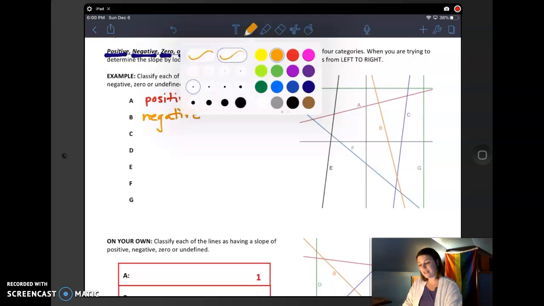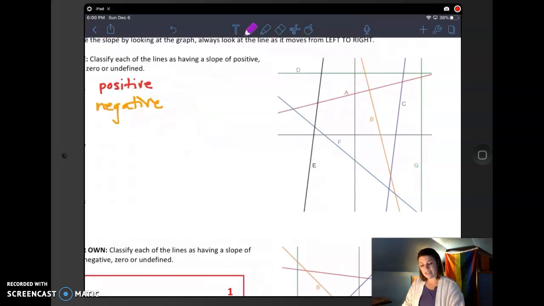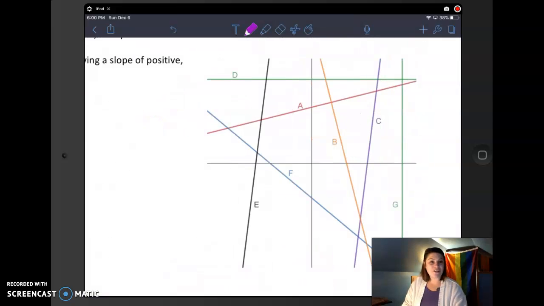All right, let's take a look at line C. It might be a little bit of a challenge to find some of these labels on the line, so do your best. The line C, the most left that the line goes is here. So I put my little person on the line and I noticed that they would have to climb uphill.